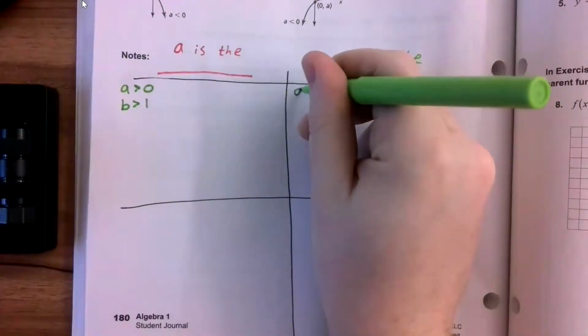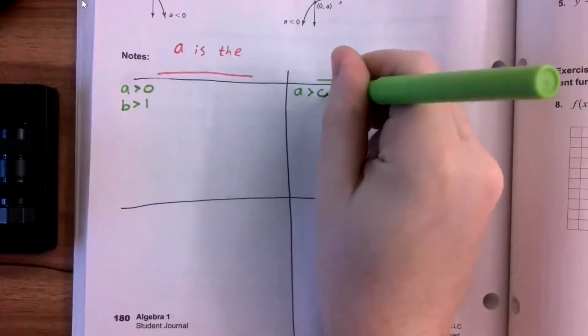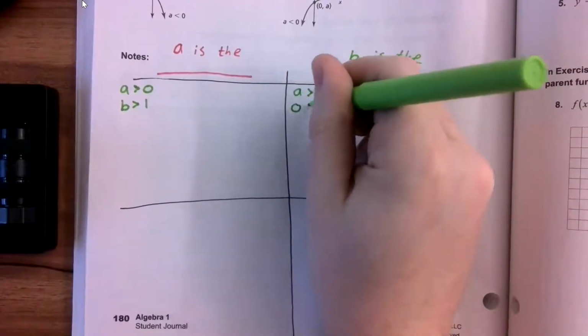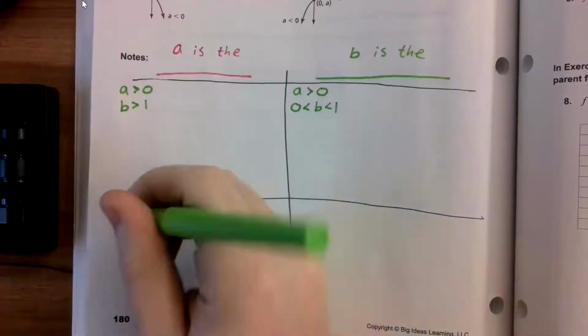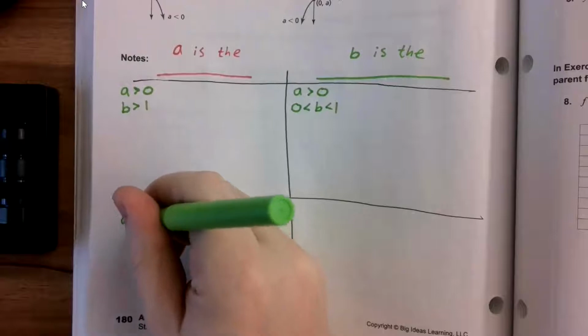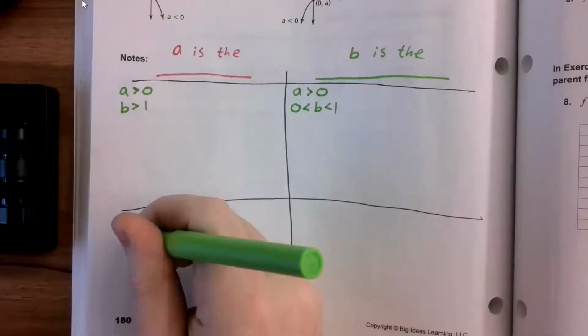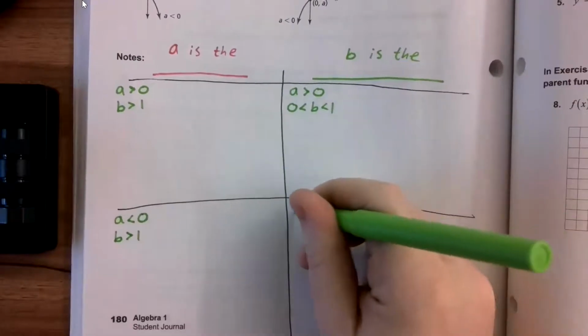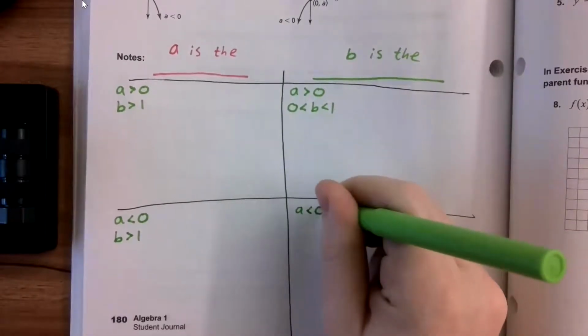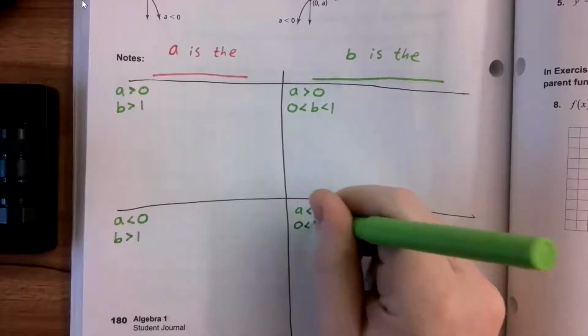In the top right box, we're still going to see what happens when a is bigger than 0, but this time b is going to be in between 0 and 1. In the bottom left, we're going to see what happens when a is less than 0 and b is more than 1. And in the bottom right box, we're going to see what happens when a is less than 0 and b is in between 0 and 1.